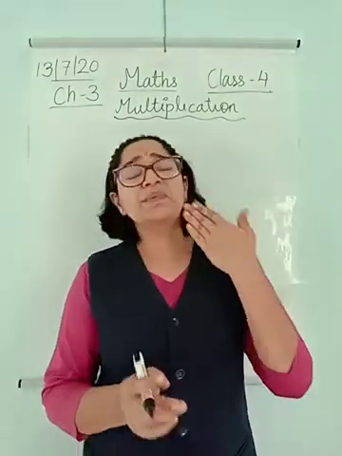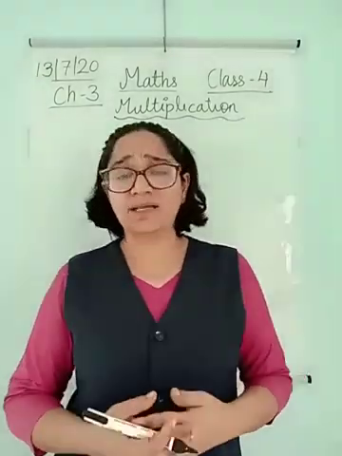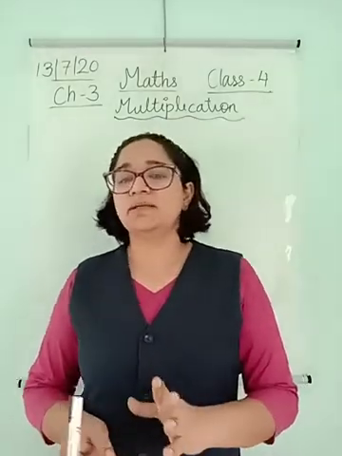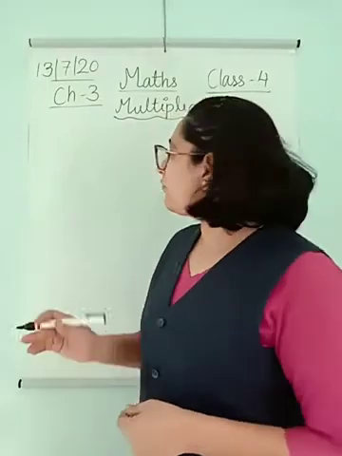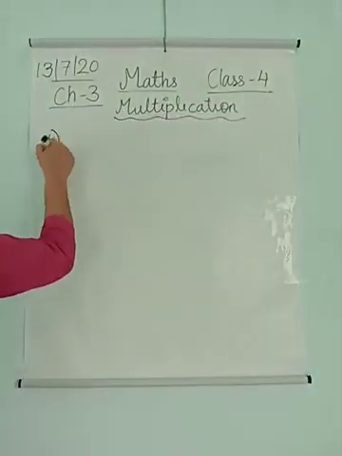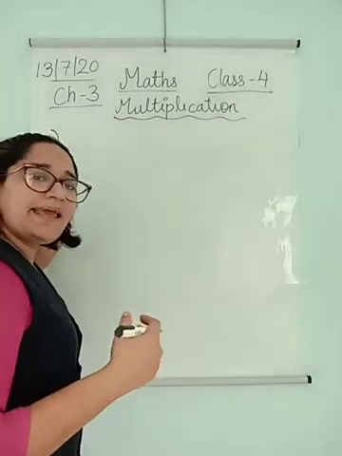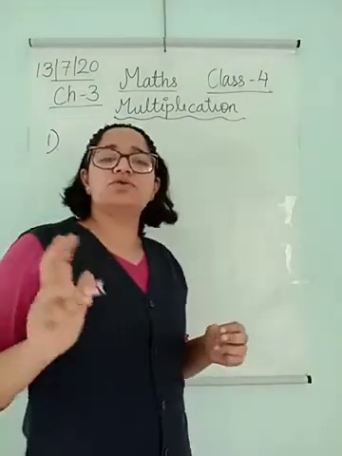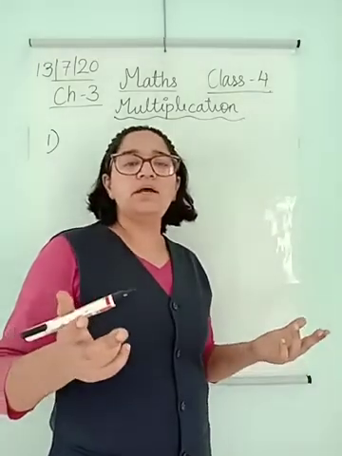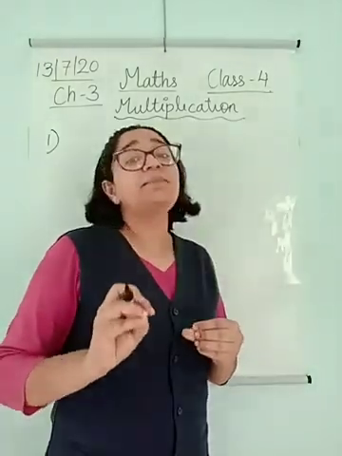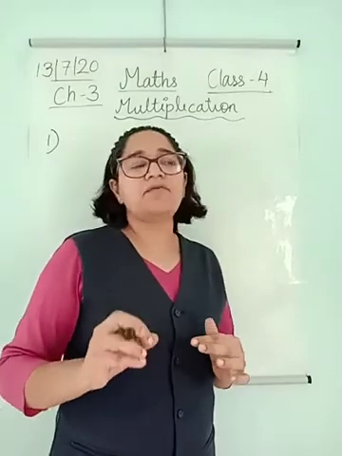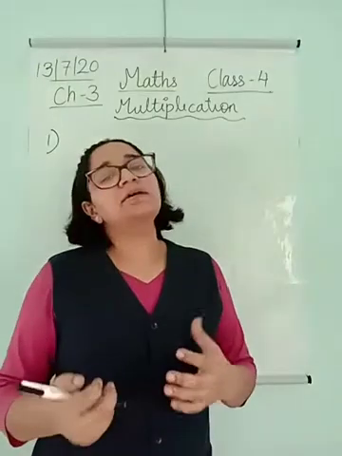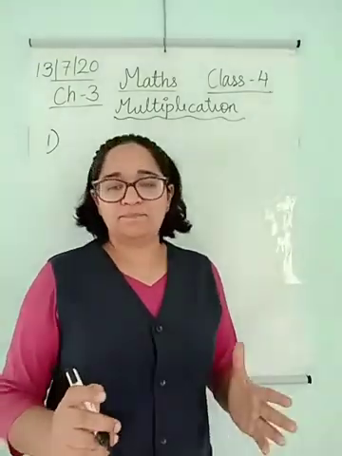These rules are known as the properties of multiplication. So let's first learn about the properties of multiplication. The first property says that if you are multiplying two numbers, you can change the position of those numbers however you want, but the answer, the product, always remains the same.